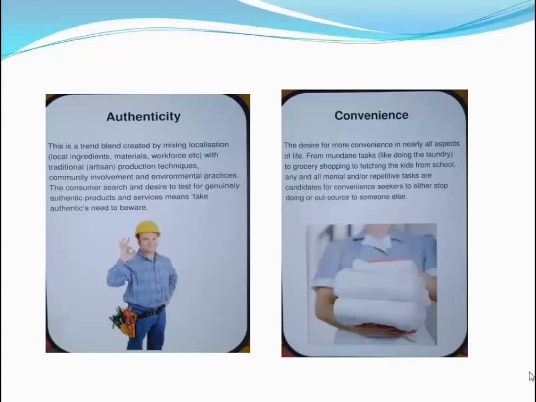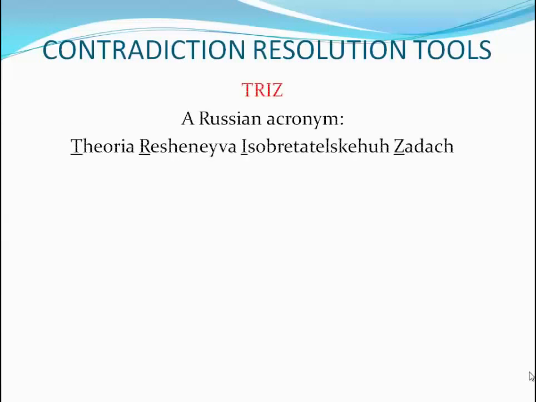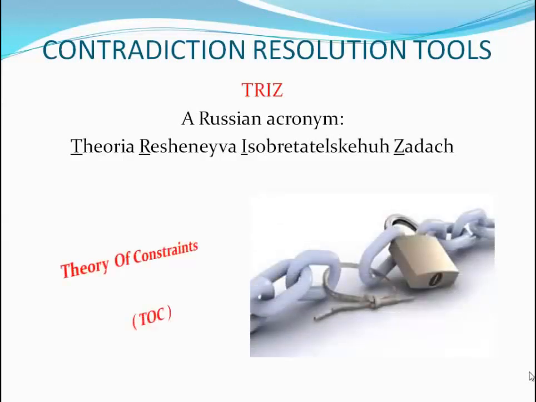As you might have noted, the needs of these two groups contradict each other. And removing that contradiction might make the difference between a failure and success. This act of contradiction resolution is carried out in TrendSpeak using specialized tools from the discipline of TRIZ and the theory of constraints. Let us go through the motions in a typical TrendSpeak workshop.